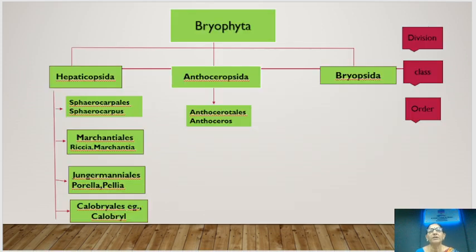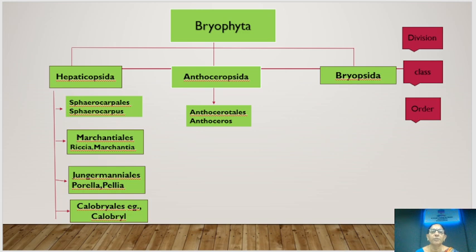This is the outline of the Rothmaler 1951 classification, where the division Bryophyta is classified into three classes: the Hepaticopsida, the Anthocerotopsida and the Bryopsida. These classes are again divided into orders.